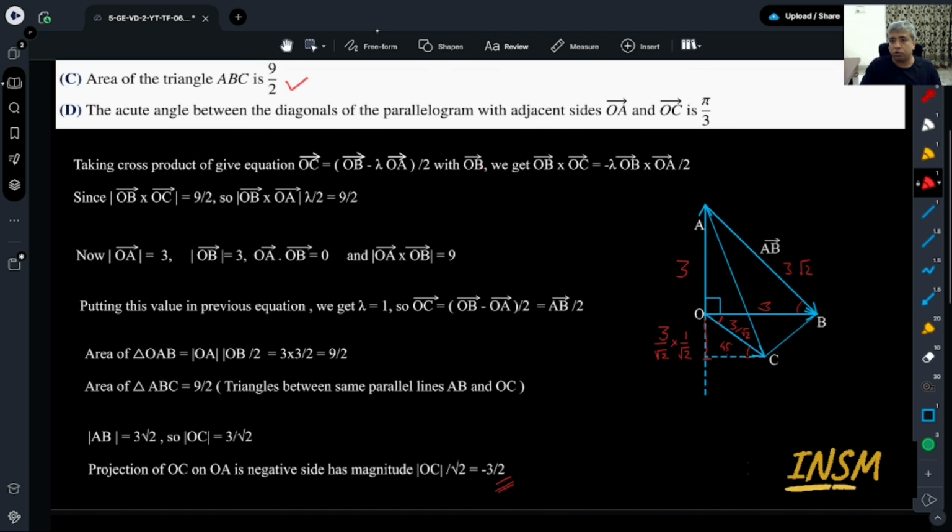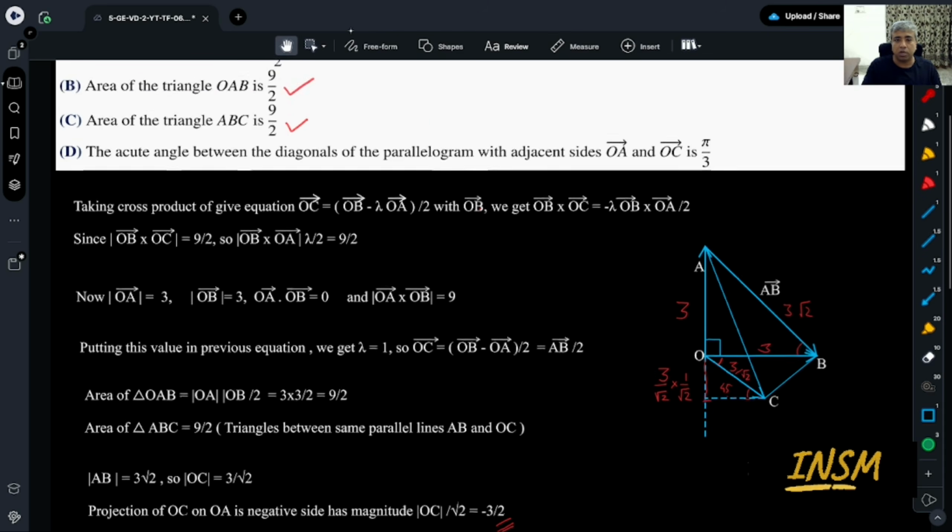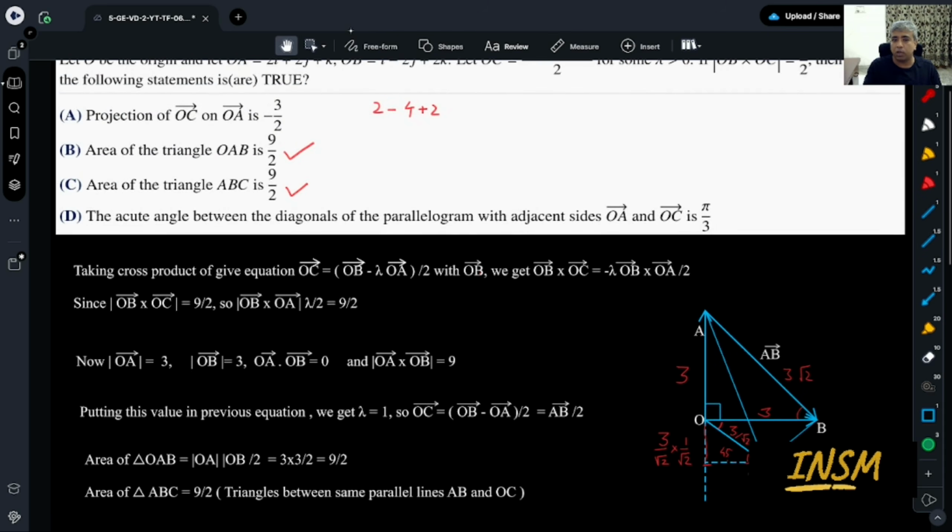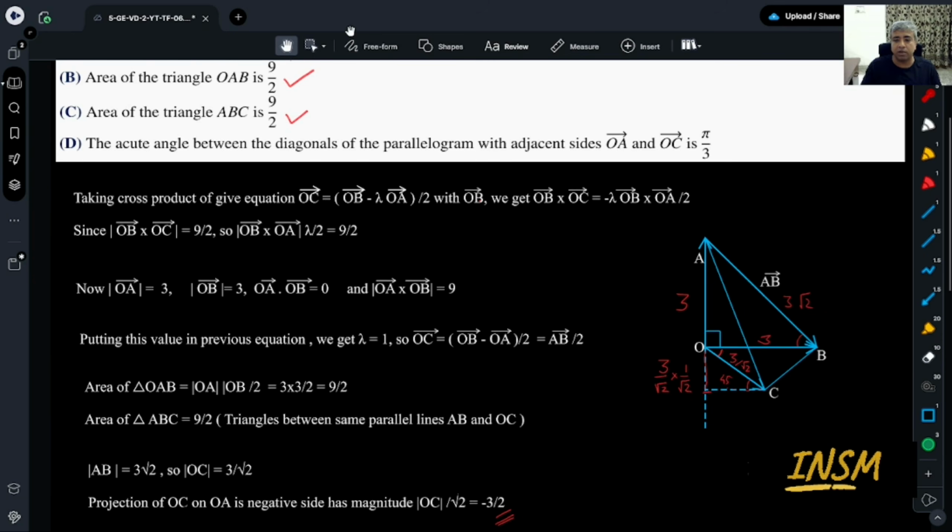So the option given for projection was minus 3 by 2. So option A is correct. The projection of OC on OA is coming out to be minus 3 by 2.